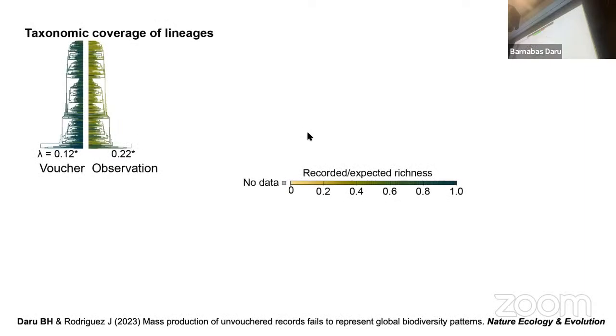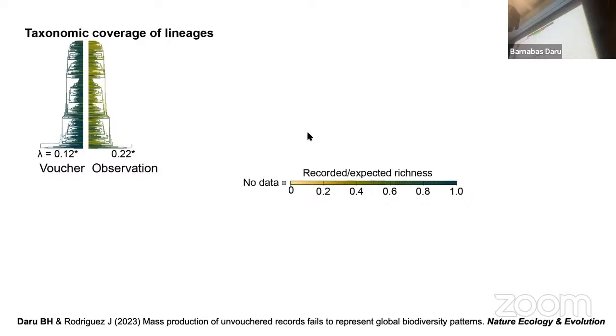First, when we map taxonomic coverage of lineages, here the lineages of plants corresponding to plant families, we have voucher records on the left and observation records on the right.